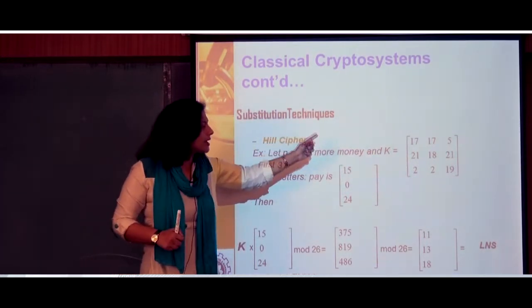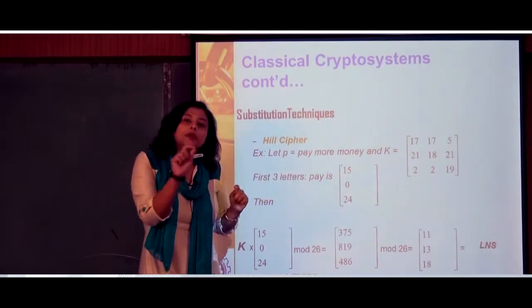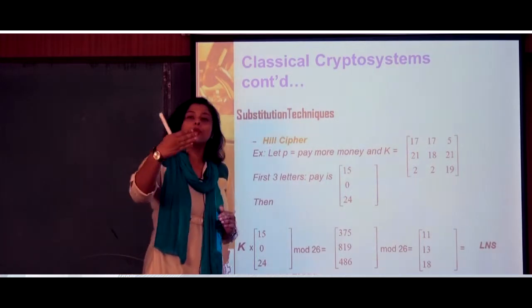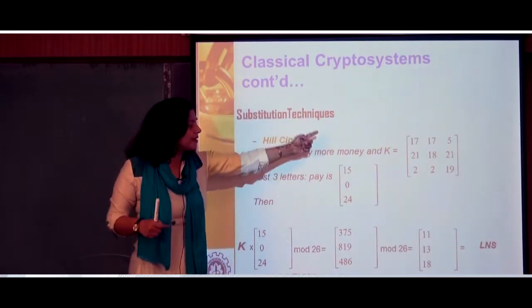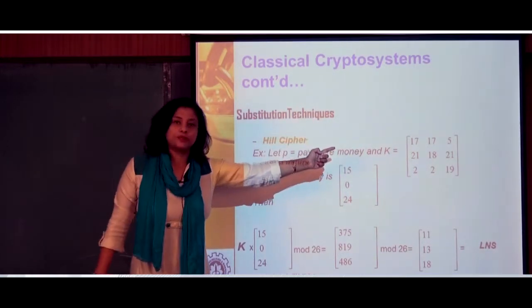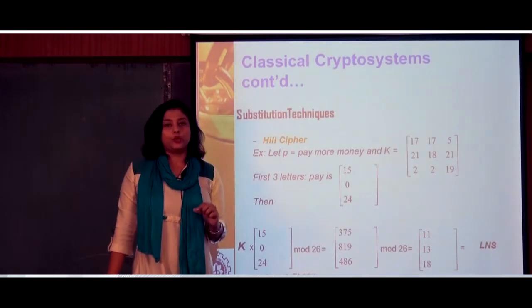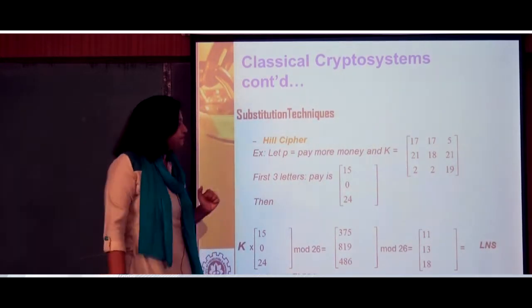By looking at the size of K, we can understand how many letters we have to take at a time, and based on that, how many linear equations can be formed. Since K is a 3 by 3 matrix, we have to form 3 linear equations, and that is why we are taking 3 letters at a time.